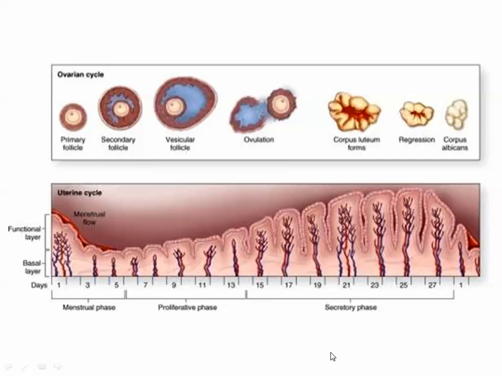And this is the menstrual cycle, starting by the menstrual phase, followed by the proliferative phase, and this is the secretory phase. And this is the ovulation or the ovarian cycle, starting by the primary follicle, the secondary follicle, then the vesicular follicle, which will ovulate and transform into the corpus luteum, then progresses or degenerates to the corpus albicans.